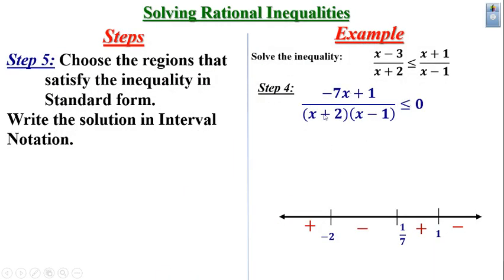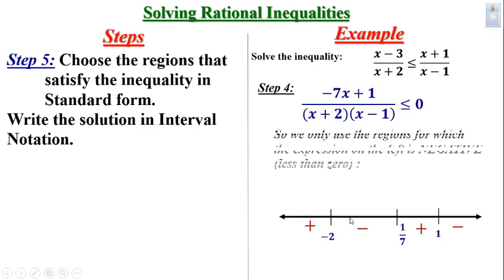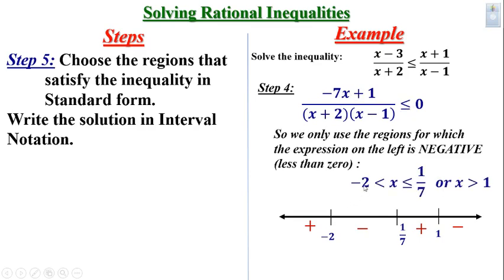Now this says the rational inequality is less than or equal to 0. So I'm going to shade the regions that correspond to the negative. So I'm going to shade the region between -2 and 1/7 and greater than 1, to the right of 1. And remember, I'm going to put parentheses at -2 and 1, and I'm going to put a bracket at 1/7.